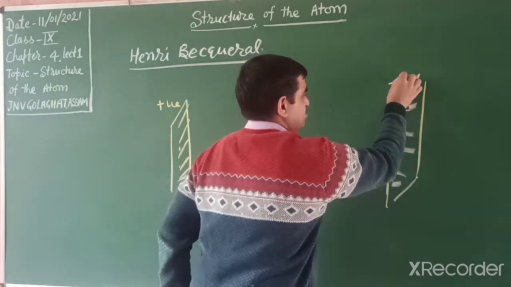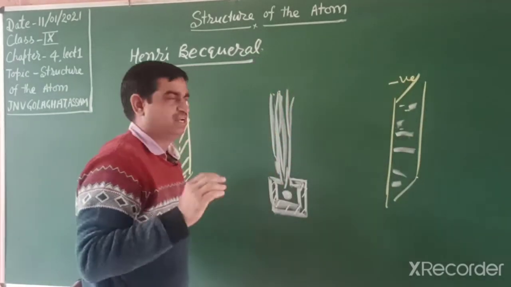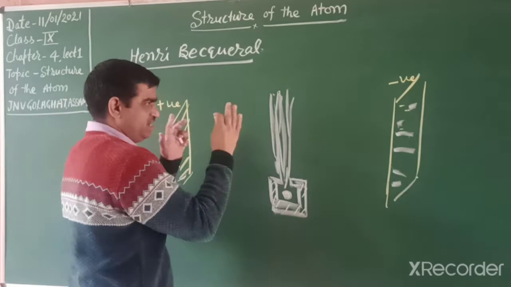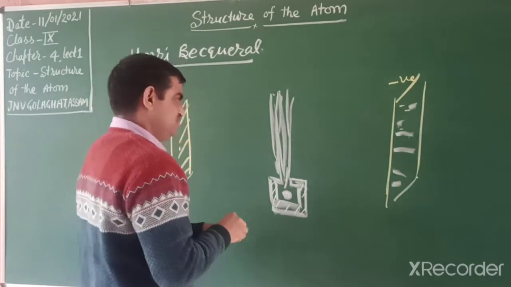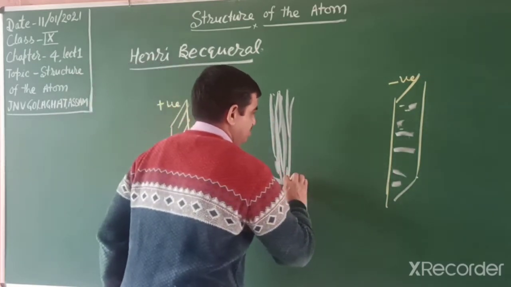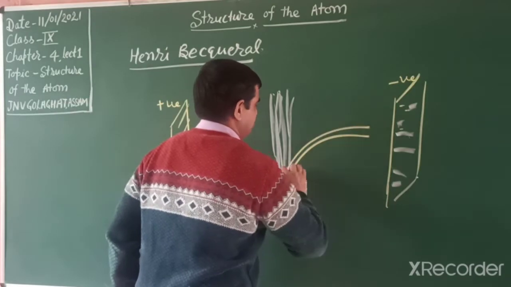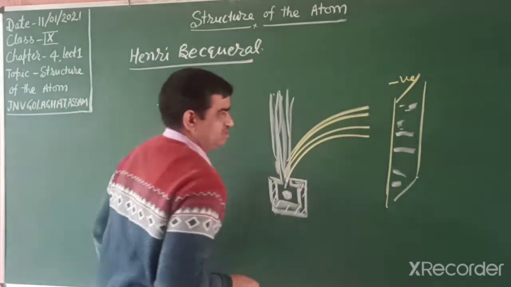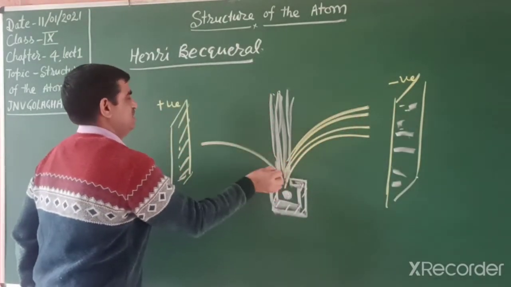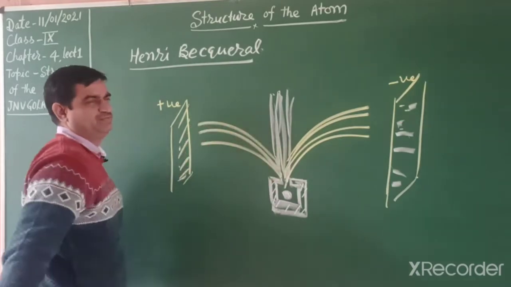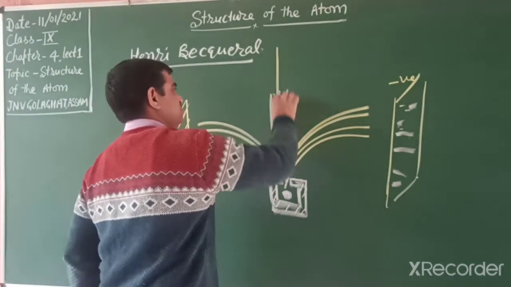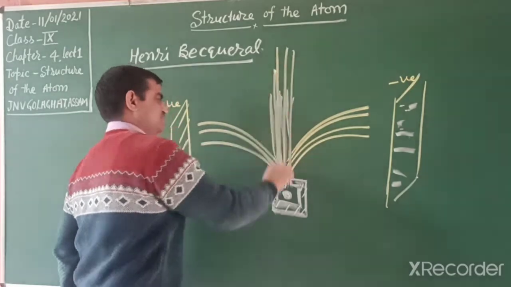So what happens when we place these two plates? Then some particles move towards this side plate. Some are attracted towards the positive plate, and some are released without deflection.